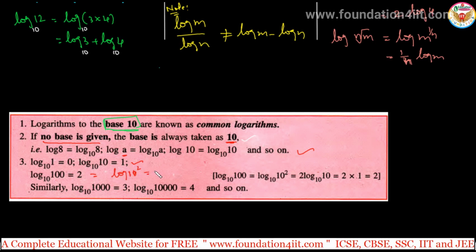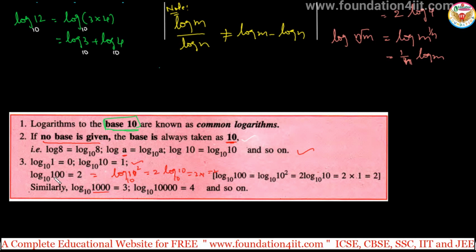By the power rule, 2 into log 10 to the same base. Log 10 to the base 10 is 1, so 2 into 1 is 2. Same way, if it is 1000 you can write 10 power 3, so 3 we can take in front. So you can remember log 100 value is 2, log 1000 is 3, log 10,000 is 4, and so on. These basic steps we'll use in the problems now.